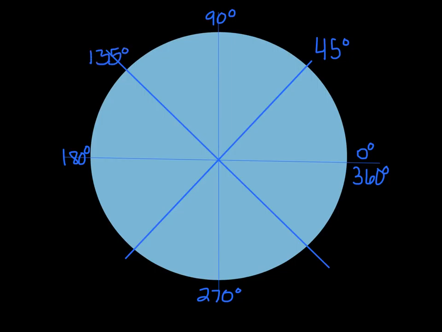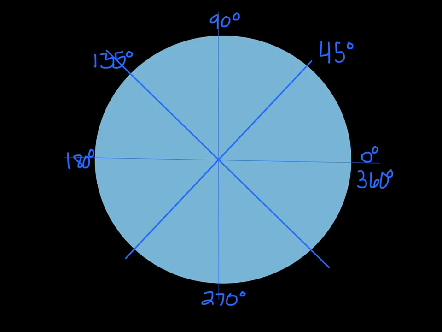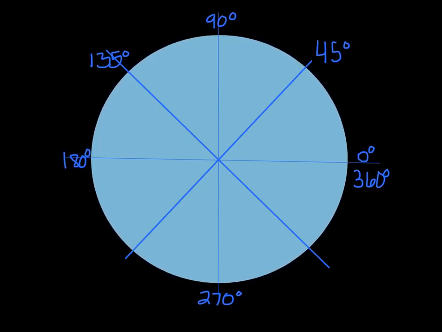And halfway between 180 and 270 is going to be 225 degrees. Did it again. There. Halfway between 270 and 360, or 270 plus 45 more, would be 315 degrees. And then 45 more gives us 360.